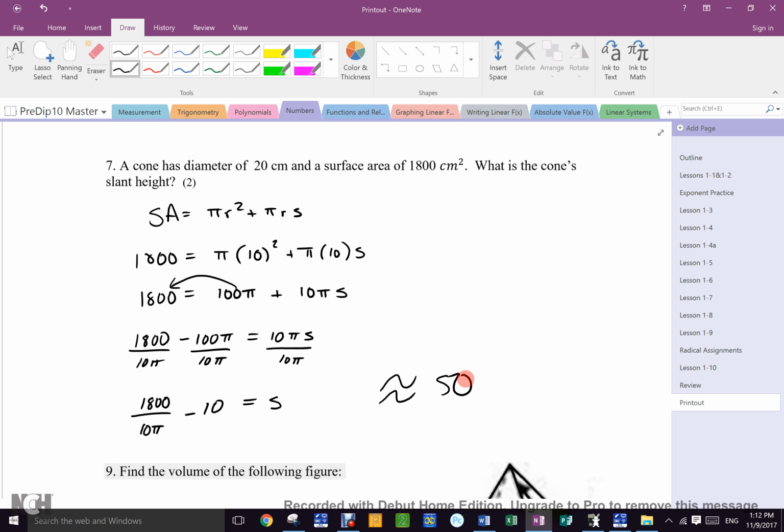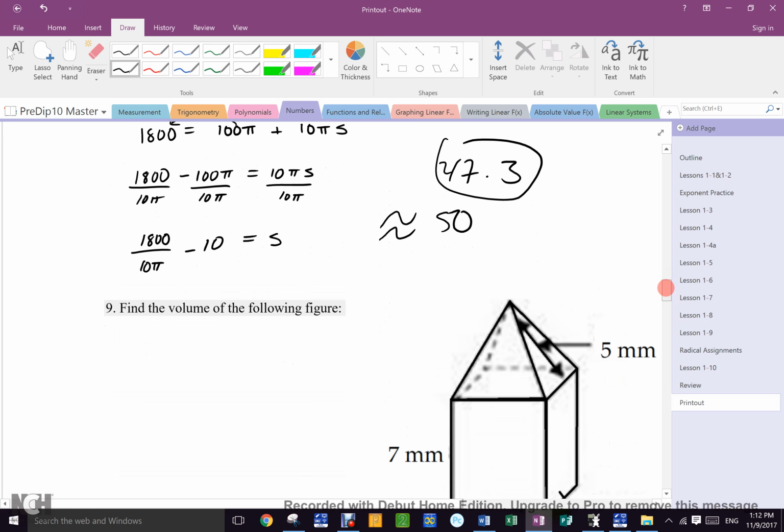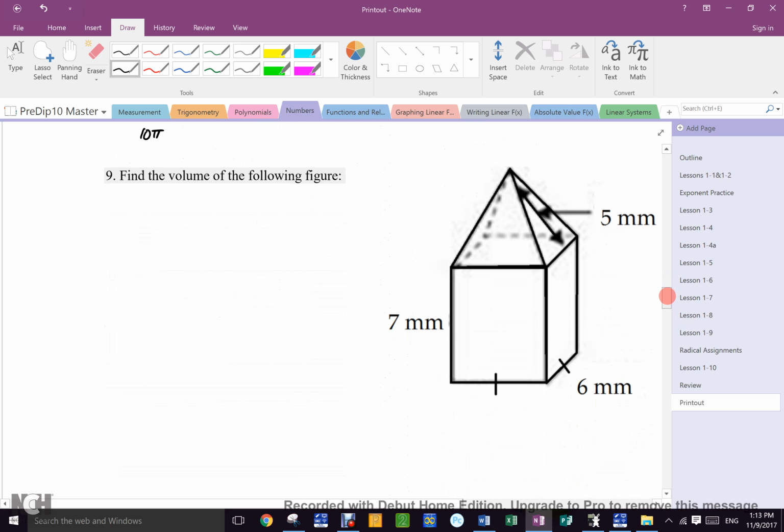What was the other mark they needed? 10.5? It was actually 47.3. Well, you already said around 50.